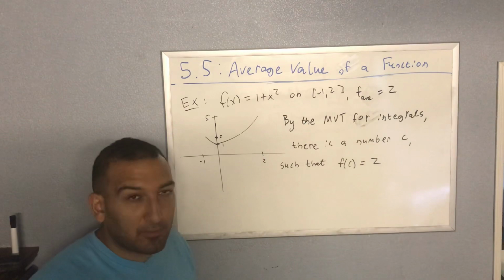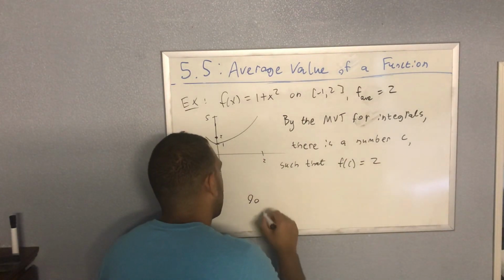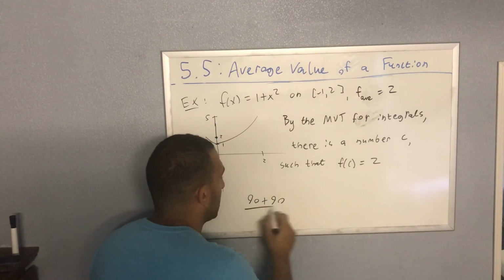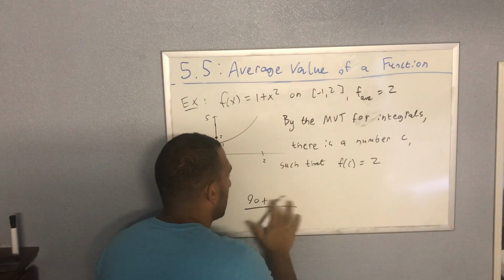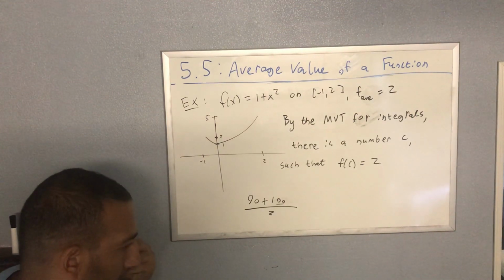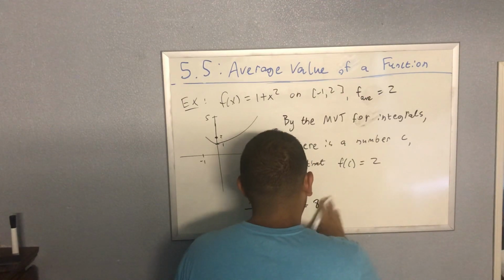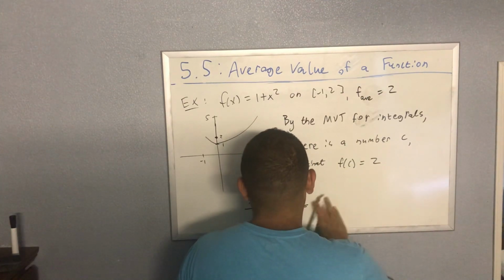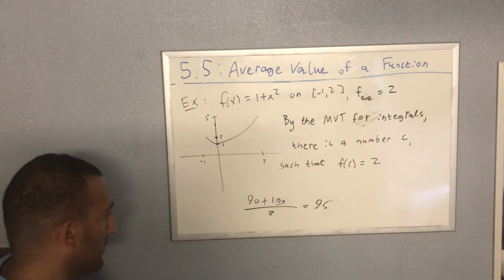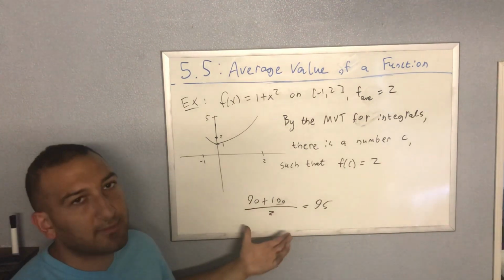Now, for a finite set of points, this is not true. Like the average of, let's say, 90 and 100 is 95, but in the list of the original numbers, one of them isn't the average value.